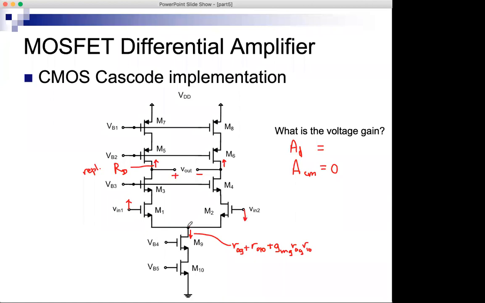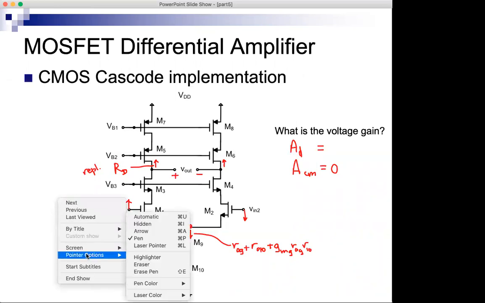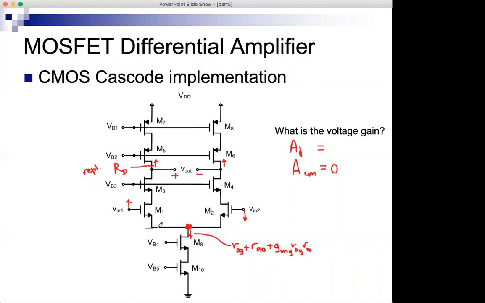And again, we're back to our virtual ground here when the two inputs are differential. If this goes up this much, this goes down by the same amount, and this is a virtual ground. So this will be a virtual ground when I have differential.